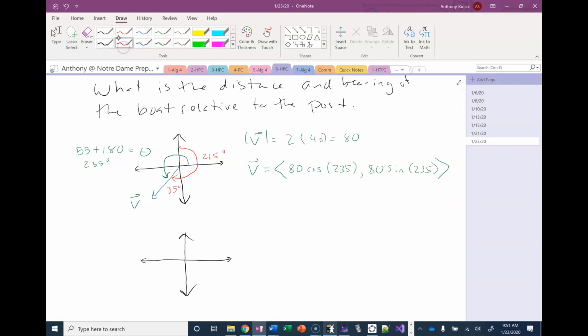The next leg of our trip, we have a bearing of 162 degrees. So 90 and then like 72 more. No, those should be 235s. 180 plus 55 is 235. So really interested in this angle here. What is that angle theta going to be?